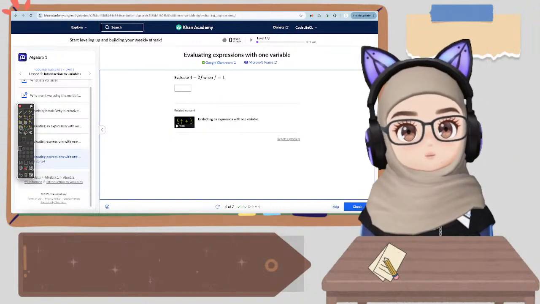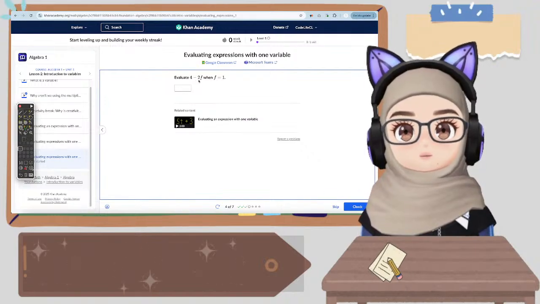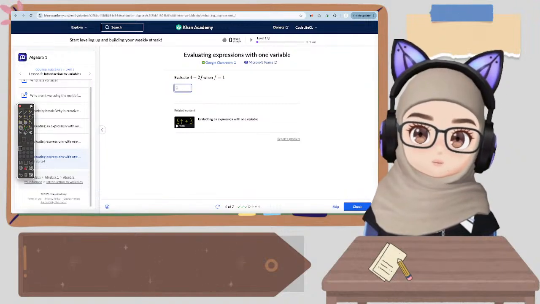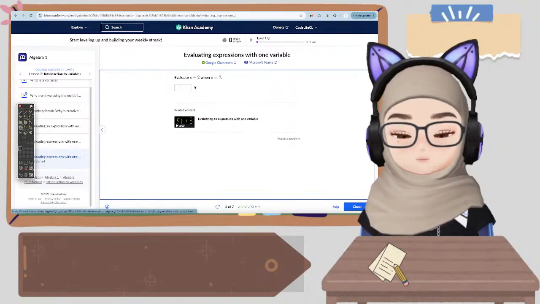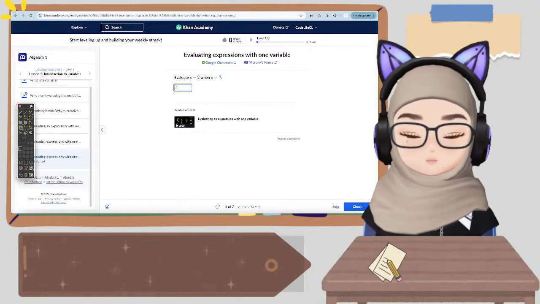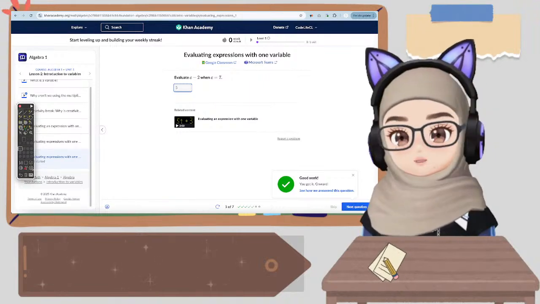Yay, onwards. 4 minus 2 times 1, which is still 2, so the answer is 2. Nice. 7 minus 2 should be 5. Yay. We're crushing this.